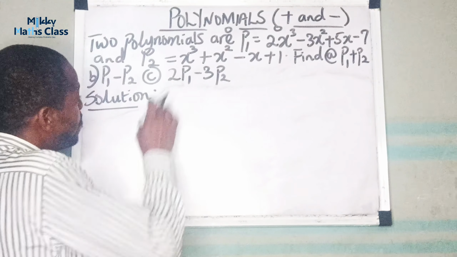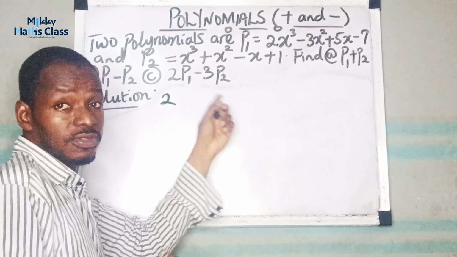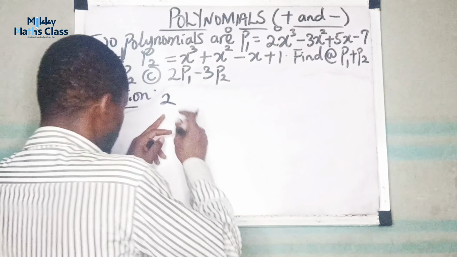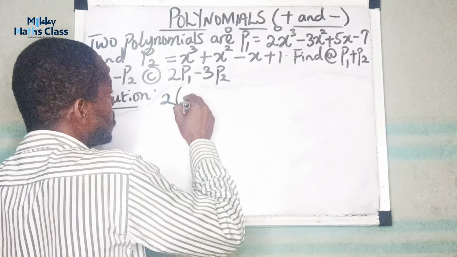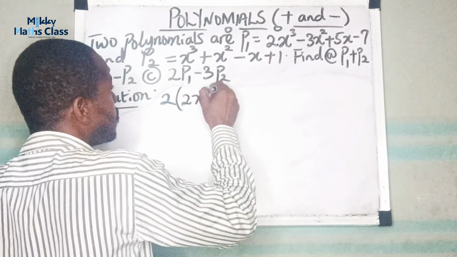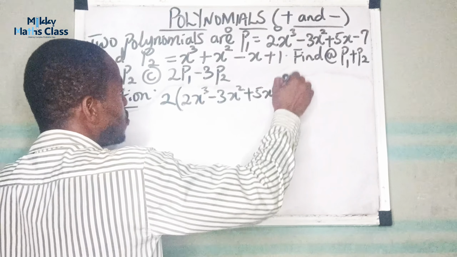So let's look at the C part. This one says 2P1 minus 3P2. So the first thing means 2 multiplied by the value of P1. So 2 into brackets, 2x to the power of 3 minus 3x squared plus 5x minus 7.